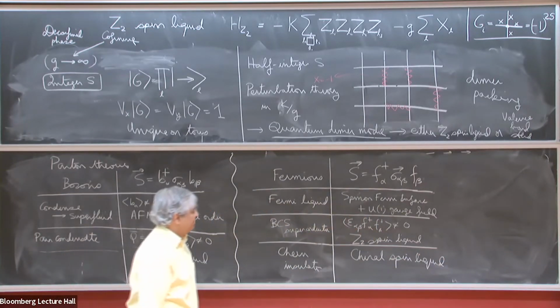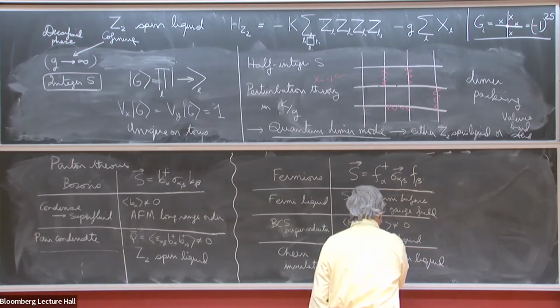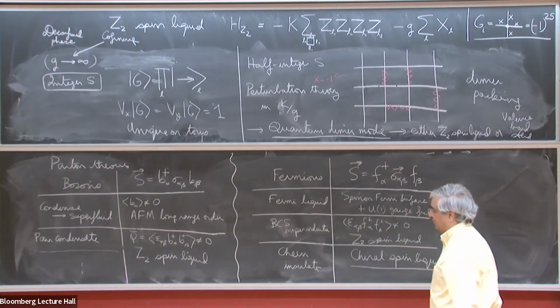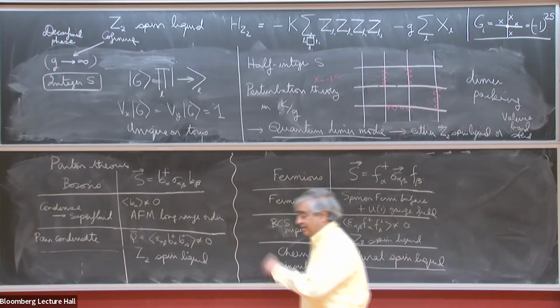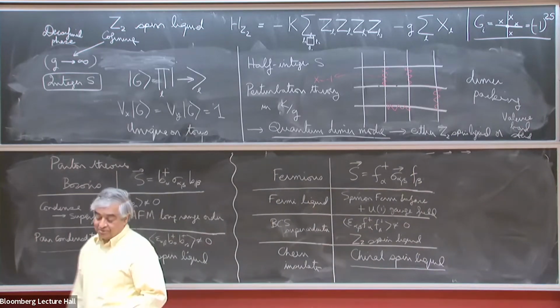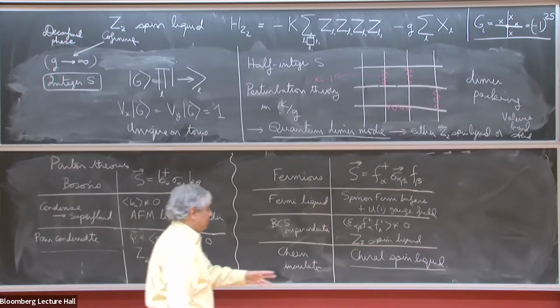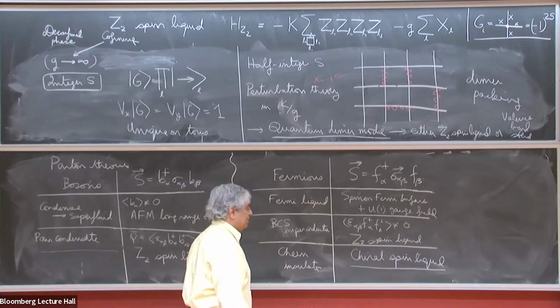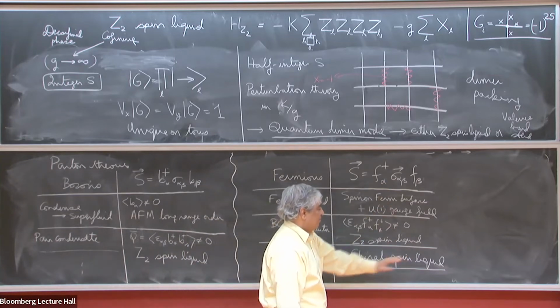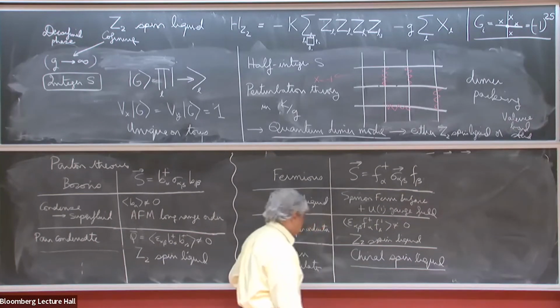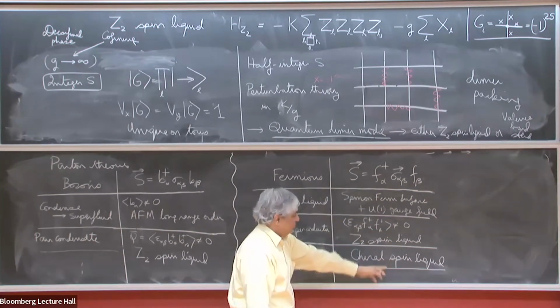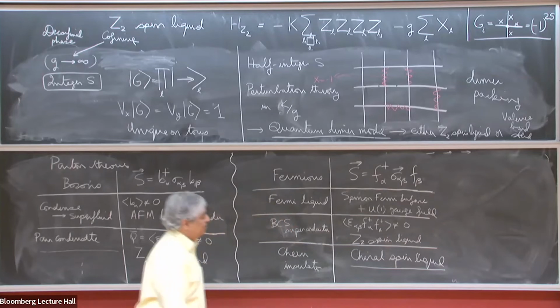Okay. So this is a new state of matter. It's another spin liquid with different anyon content and different degeneracy on a torus. It's got anyons, unlike the ordinary Chern insulator, which has no anyons. Here, because of the gauge field, we have anyons. And the topology of the band structure of the partons gives you a different state of matter.